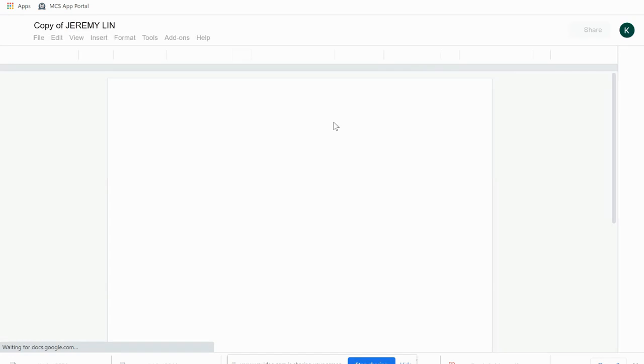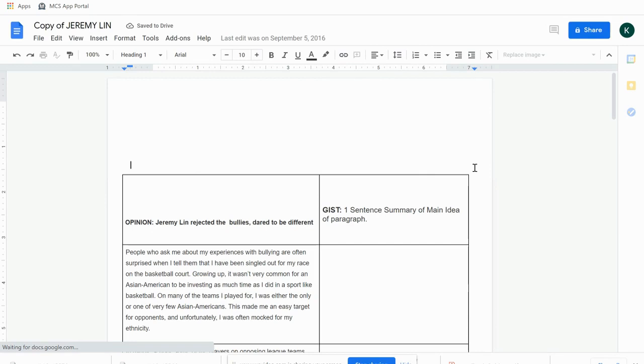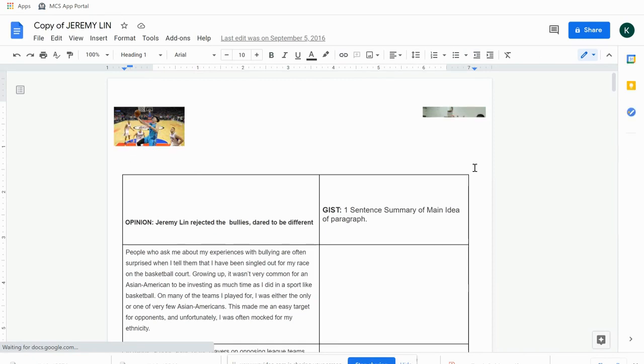So if you give me one moment, you will see here, I just made this into a Google Doc. I used an app called Newsela, and if you are familiar with that, it is another online database that has articles that are specific to particular grade levels.